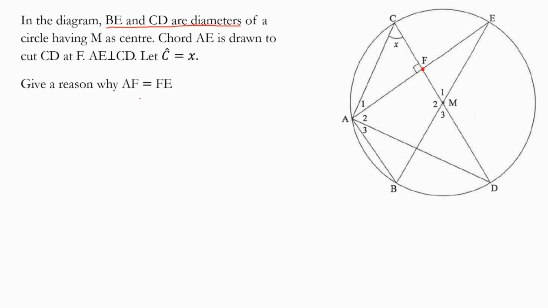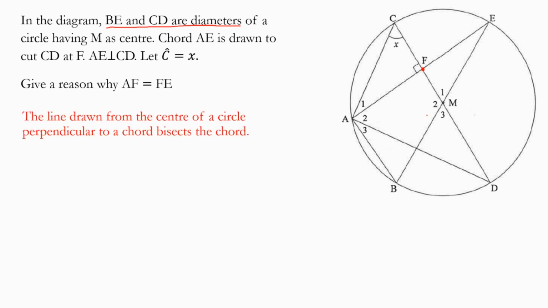If you check here, MC or MF is a line drawn from the center and is perpendicular to the chord. A line drawn from the center of a circle perpendicular to a chord bisects the chord.